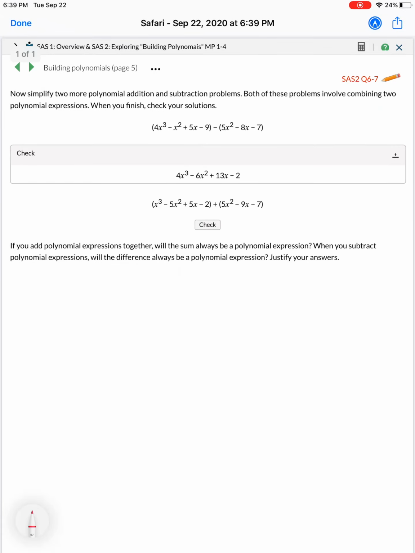Now, number 7 is kind of tricky, I think. So it says on number 7, if you add polynomial expressions together, will the sum always be polynomial expressions? Okay, so this is for adding.